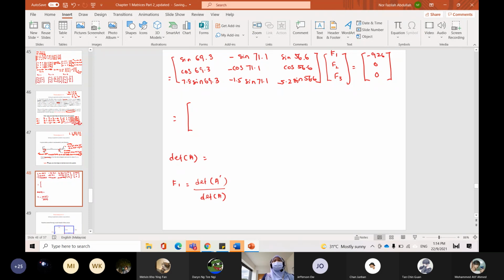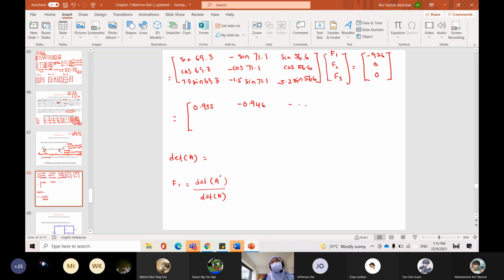When you multiply, the numbers that you have here are around 0.935, and this one negative 0.946, something like that, in decimal numbers.